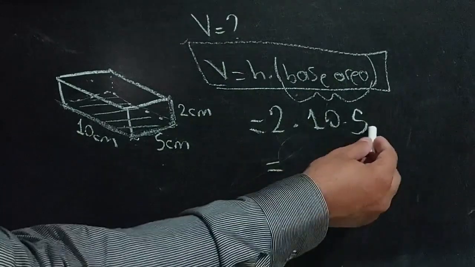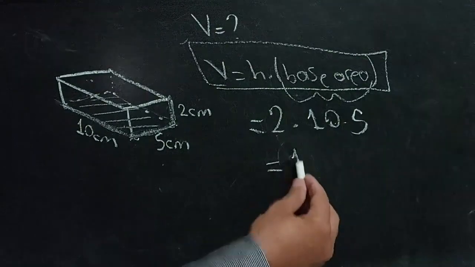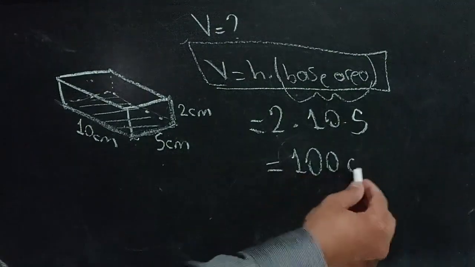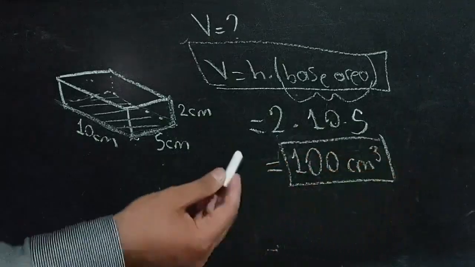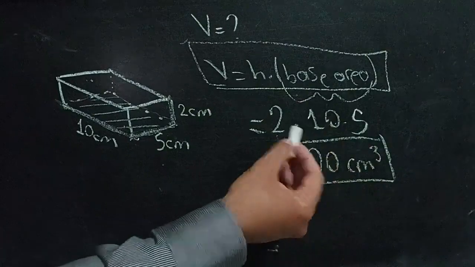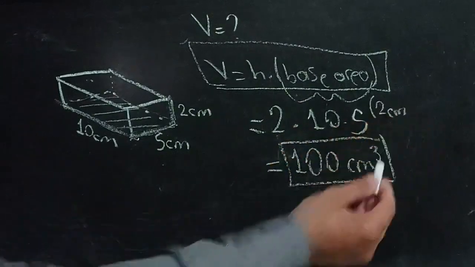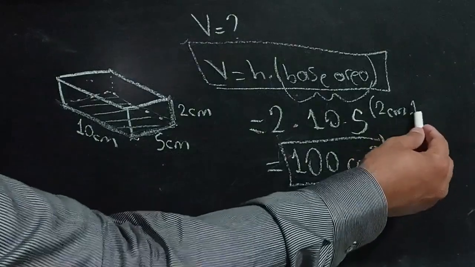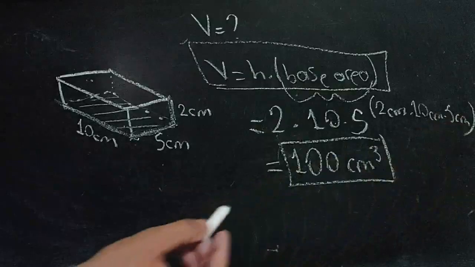That will give me 10 times 10, which is going to be 100 centimeter cube. Why centimeter cube? Because these numbers are normally like this: 2 centimeter times 10 centimeter times 5 centimeter.